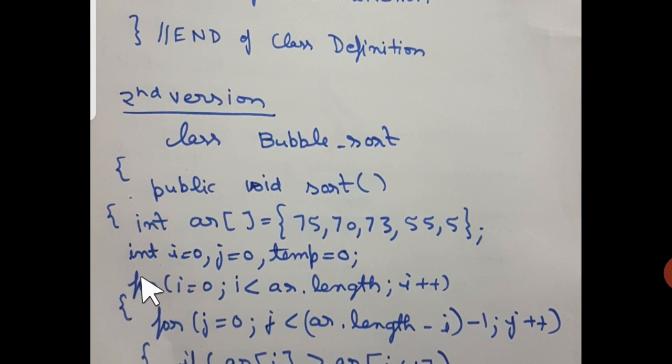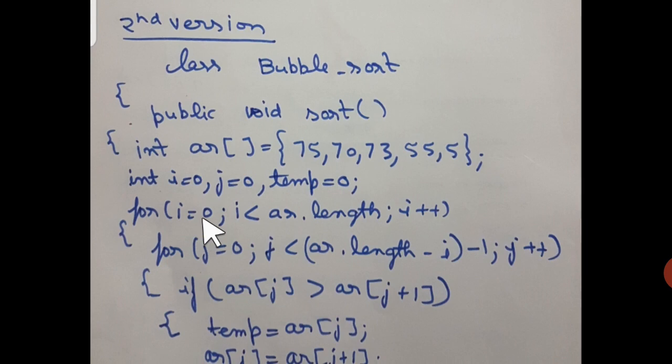Now students, here int i=0, j=0, temp=0. After that there is a loop for i=0; i less than ar.length; i++. Students, we open the curly brace here. After that the nested loop for j=0; j less than ar.length minus i minus 1; and after that j++.